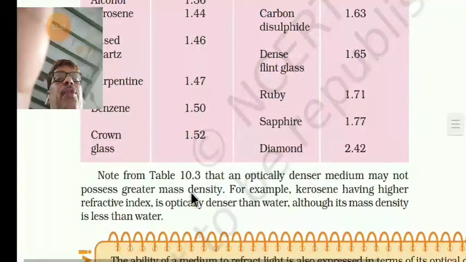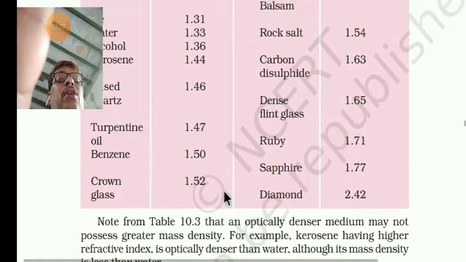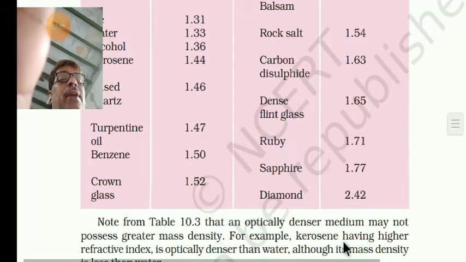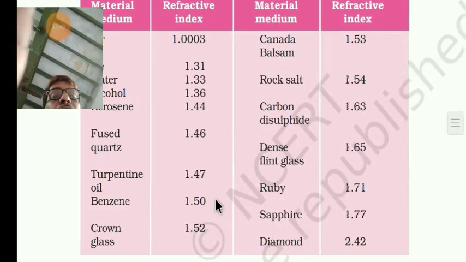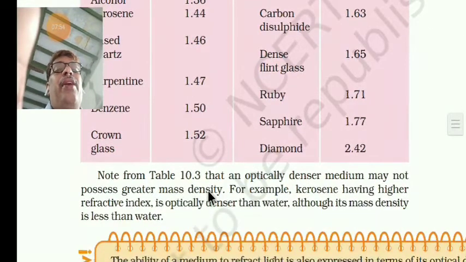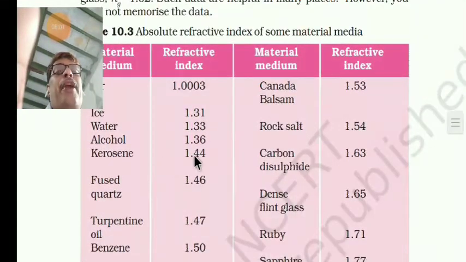Dear students, here you have to remember that an optically denser medium may not possess greater mass density. This is optical density that we are talking about. For example, kerosene has a higher refractive index. You know that the mass density of water is more than kerosene, that is why kerosene floats on water. But kerosene has 1.44, water is only 1.33.